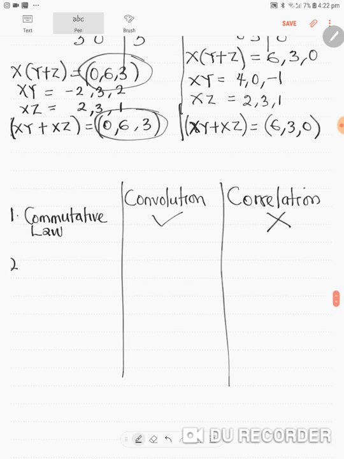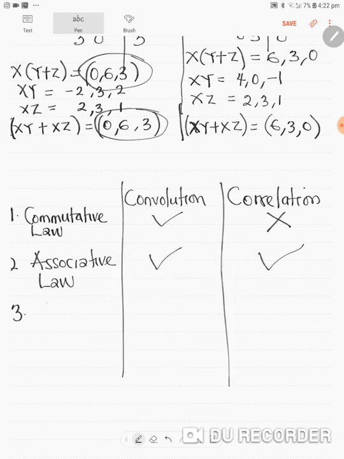Number 2, associative law: convolution obeys and correlation obeys too.